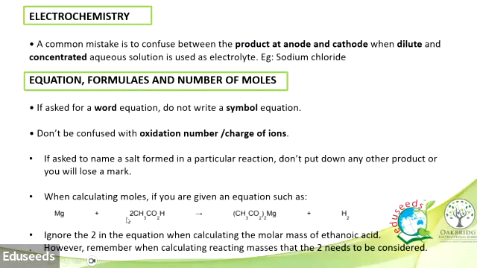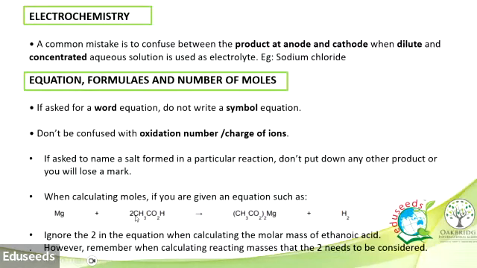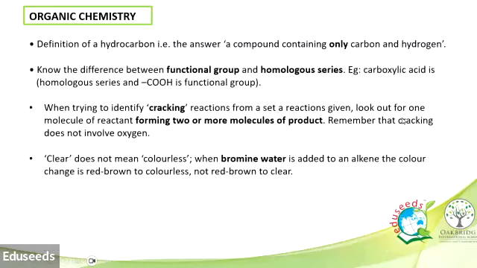So this 2 is not required. But when you are calculating the number of moles, yes, you need to take this number 2 into consideration because it balances the equation. Clear? But when you are calculating the molar mass of each compound, you don't have to include any number in front of the formula. Next, let's continue.